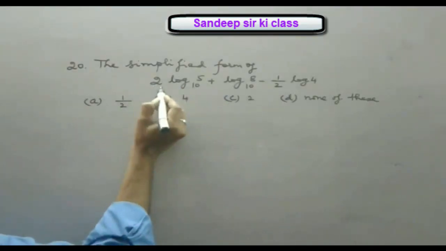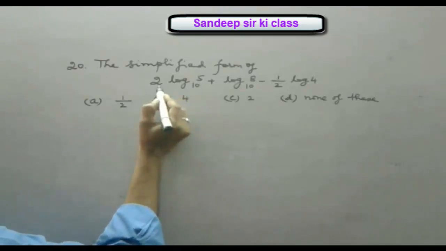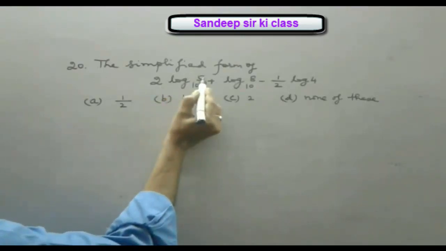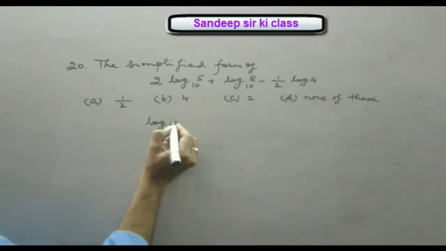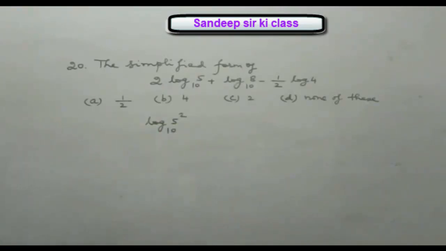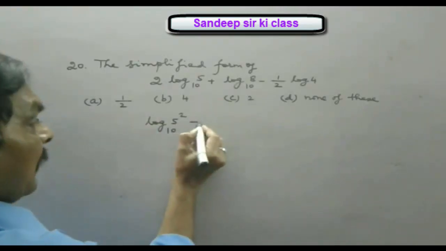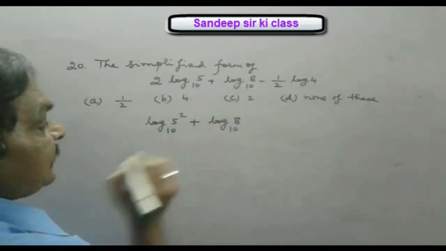Now 2 is under multiplication with log 5 to the base 10, so this 2 will become power of 5. First term can be written as log 5 raised to the power 2 to the base 10. Second term I am writing as it is, which is log 8 to the base 10.